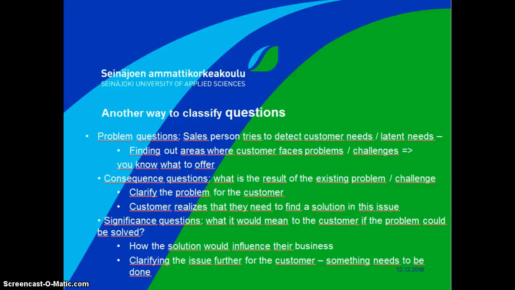If those are problems or challenges where you can provide a solution, then you concentrate on that. These are very close to, for example, the fact questions we previously discussed: expressions of their current situation, and what kind of problems and challenges they have.